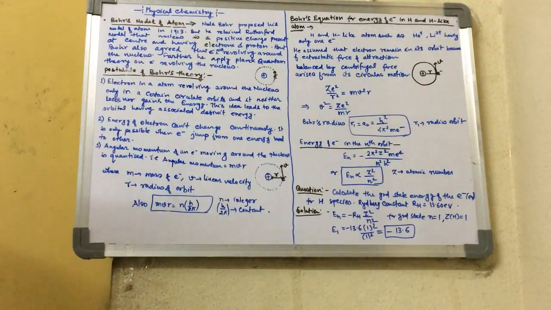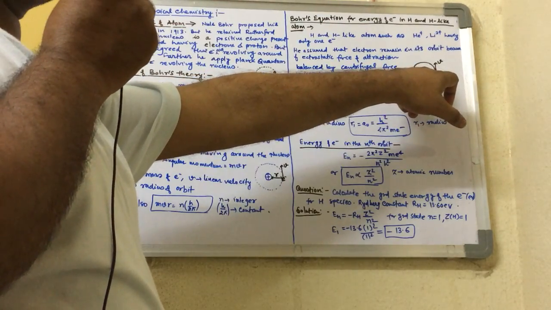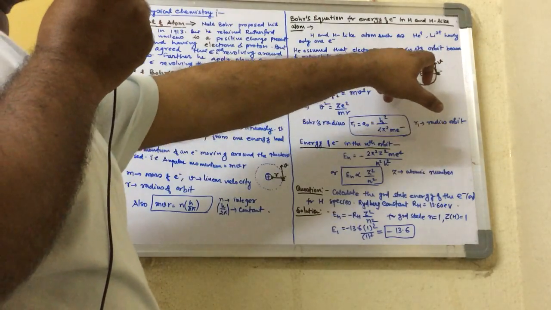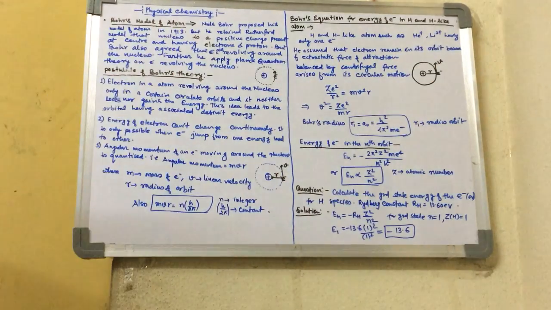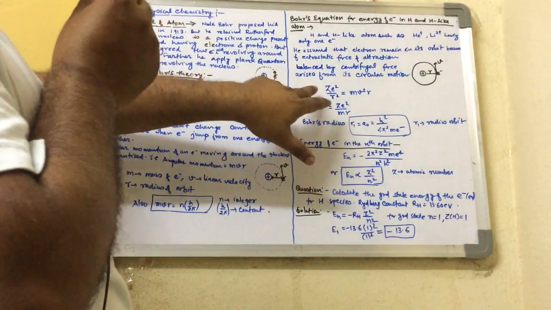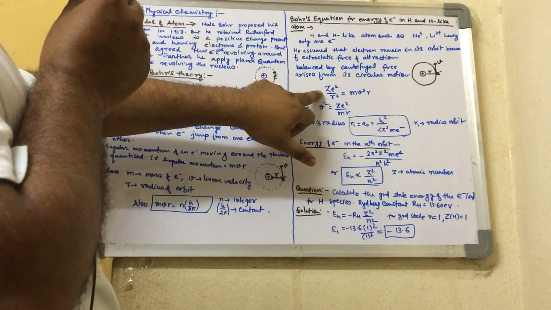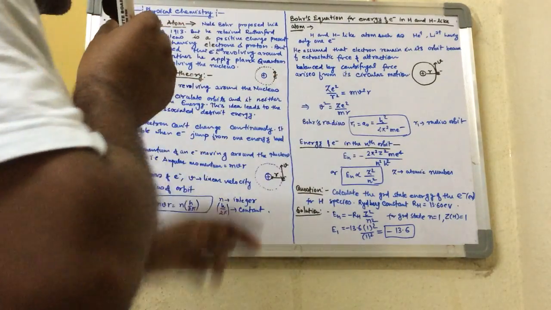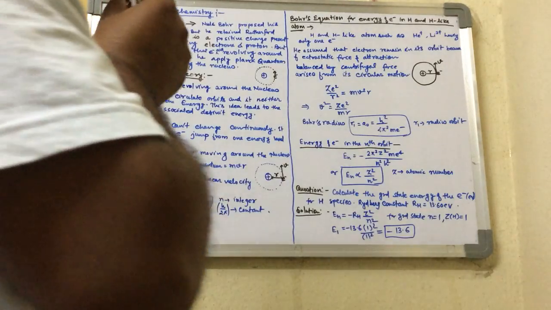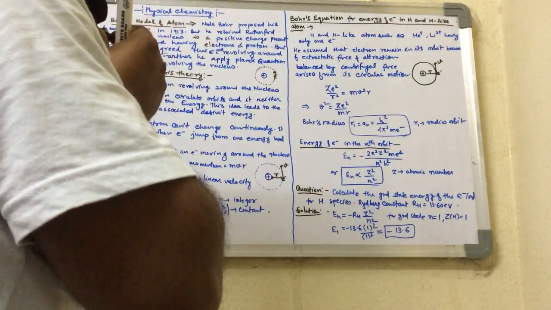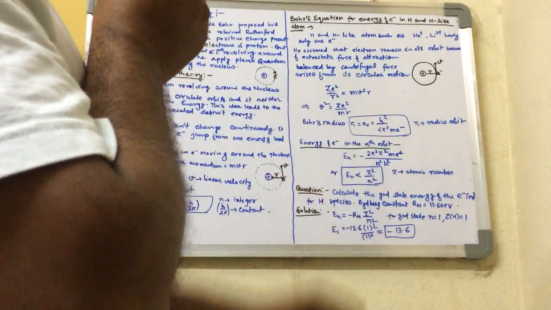You can see here this is the nucleus, this is your electron, and it is moving in a circular orbit due to the electrostatic force of attraction. So this force will balance this: Z is a positive charge and the electron is a negative charge, Z e square upon r square is equal to m v square upon r.